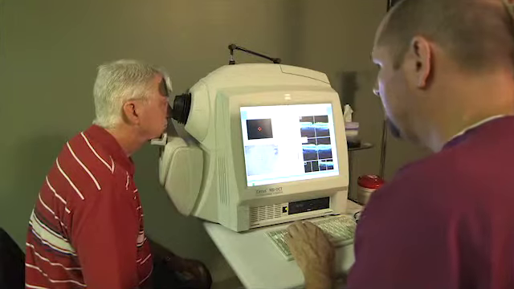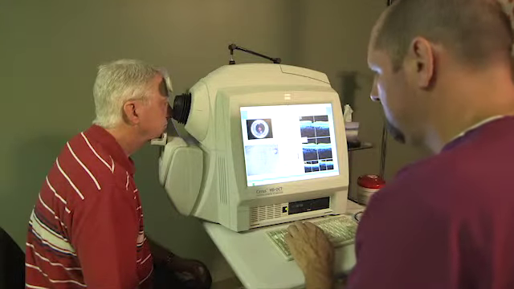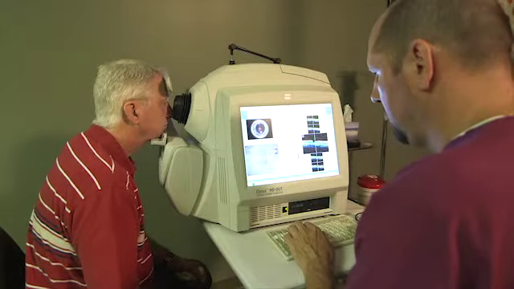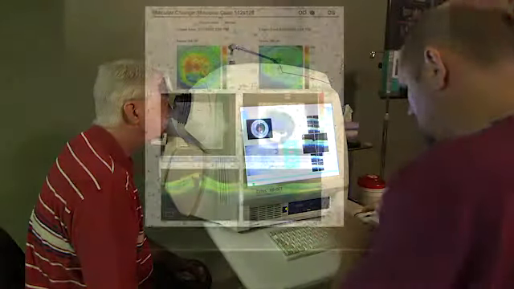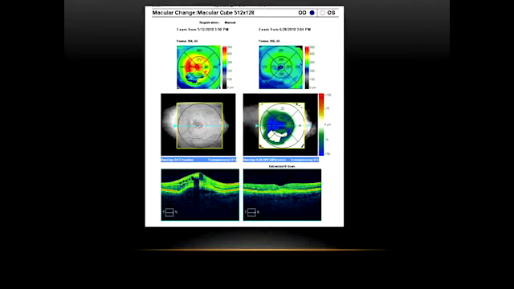OCT information really complements what a fluorescein angiogram shows us. Following macular thickness with serial OCT scans may be the best in-office test for trending wet AMD and really customizing patient care. Here's a case demonstrating excellent response to treatment with resolution of fluid.